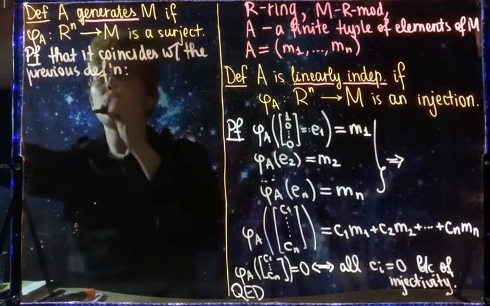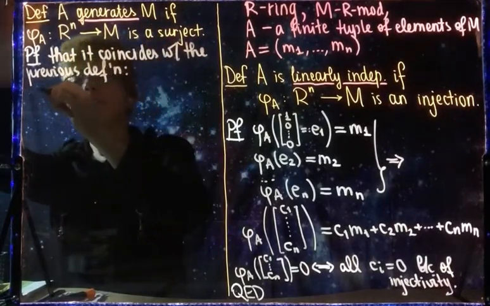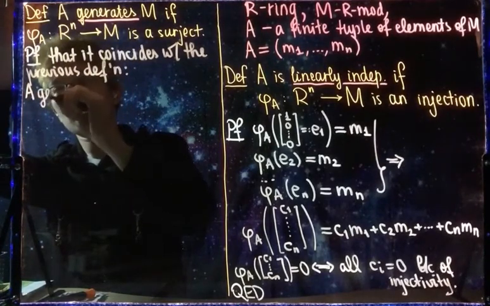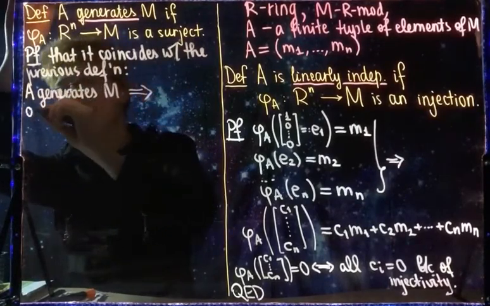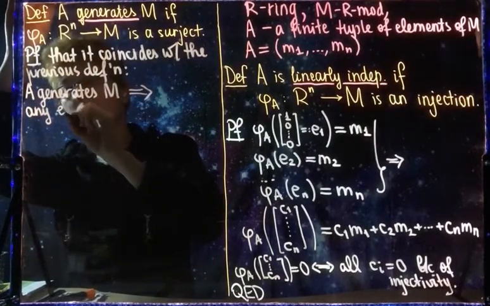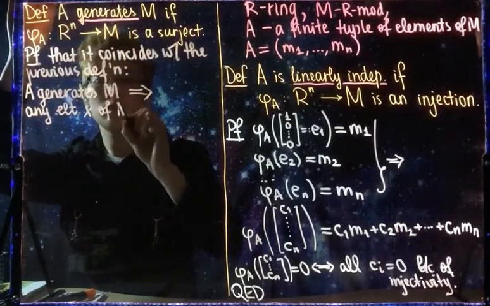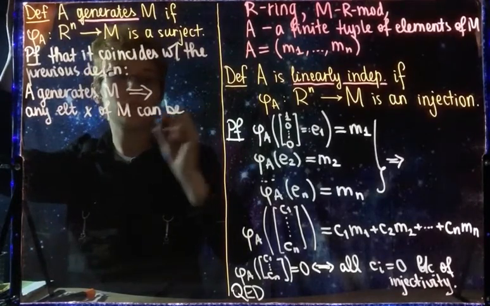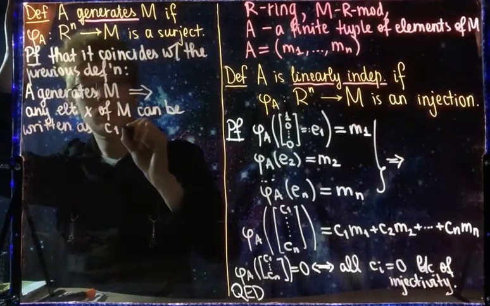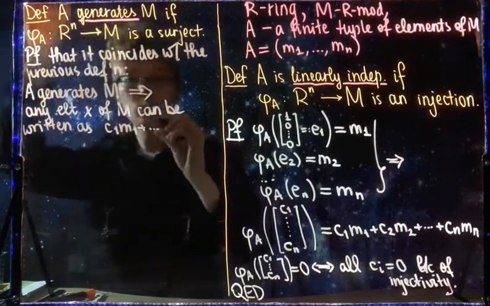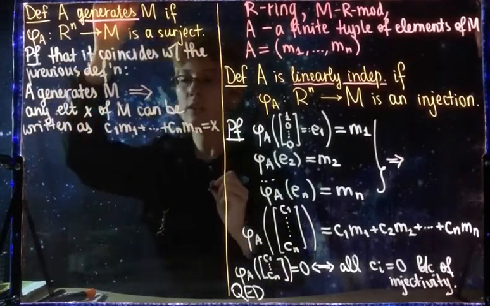So again, if A generates M according to the previous definition, it means that any element x of M can be written as c1 m1 plus c2 m2 etc. plus cn mn, so this is equal to x.